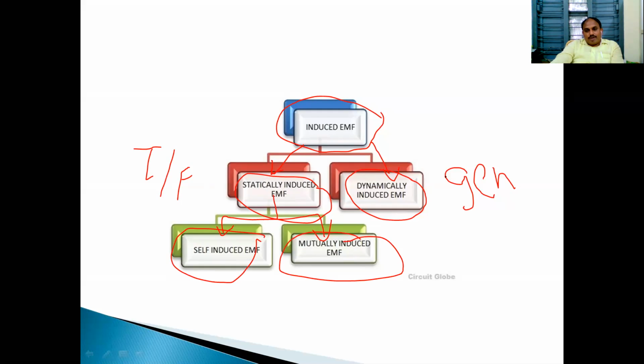Depending upon Faraday's laws, we classify induced EMFs into two basic types: statically and dynamically. Statically means stationary, dynamically means motion. So the generator operates on the dynamically induced EMF principle, and the transformer operates on the statically induced EMF principle.